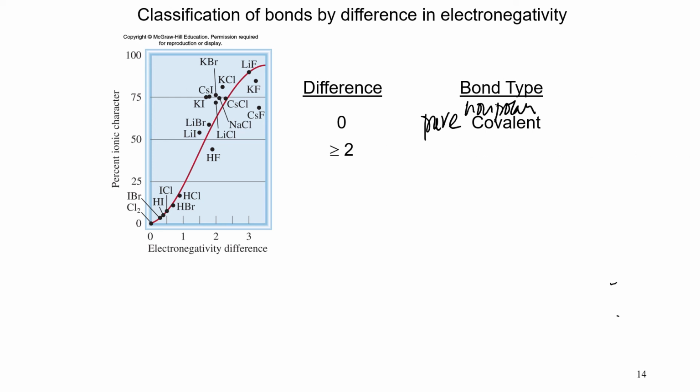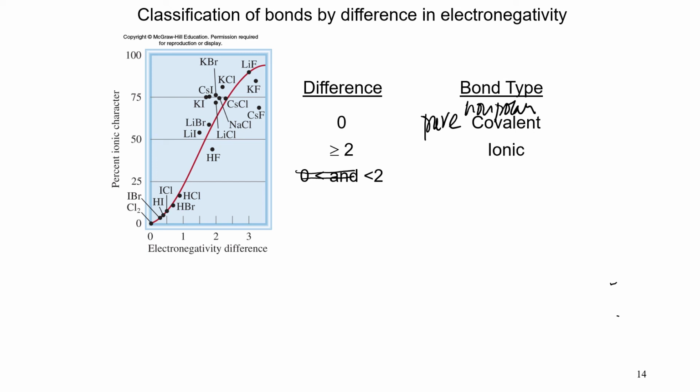If we have a difference in electronegativity that's greater than or equal to 2, we have an ionic bond. And I'm going to adjust this. I'm going to say that zero difference is pure nonpolar covalent.